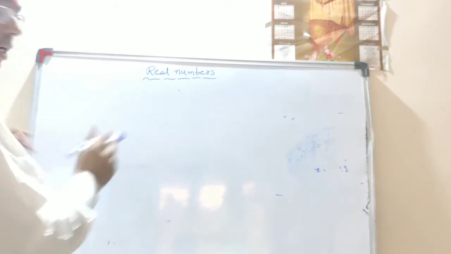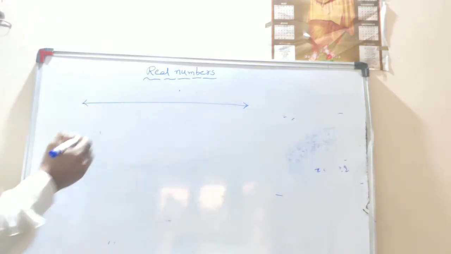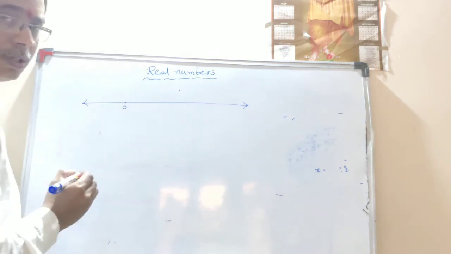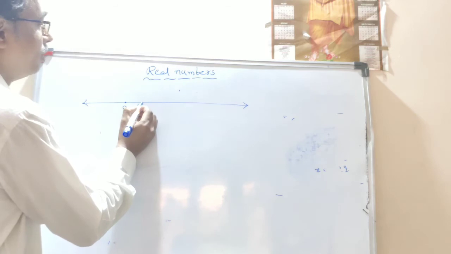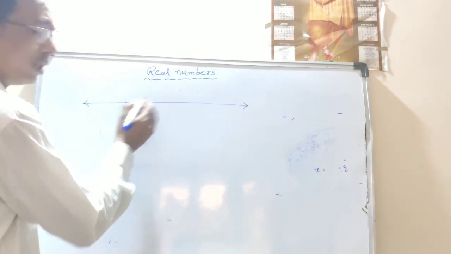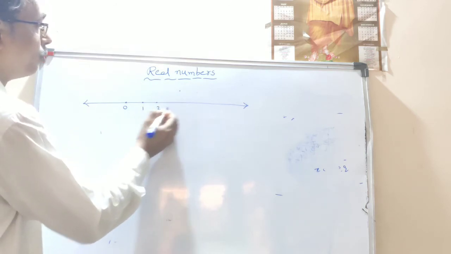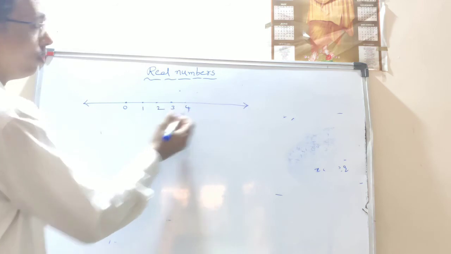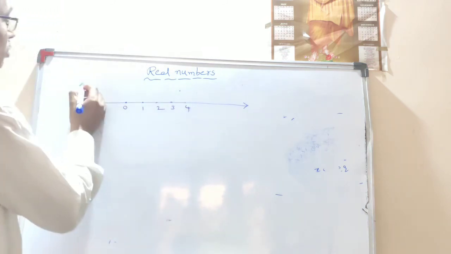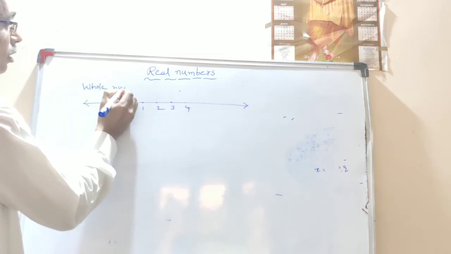First, we have to draw a line. Next, mark a point on that line as 0 and take equal distances from 0. Locate the other numbers 1, 2, 3, 4, which are equidistant. These are the representation of the whole numbers.